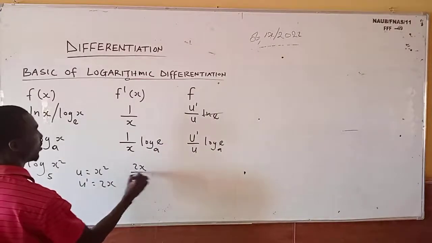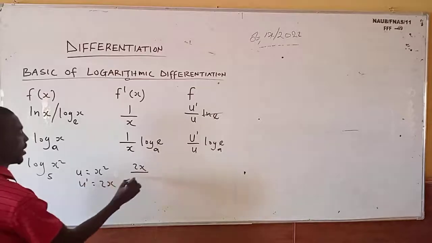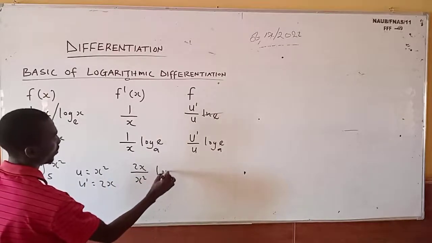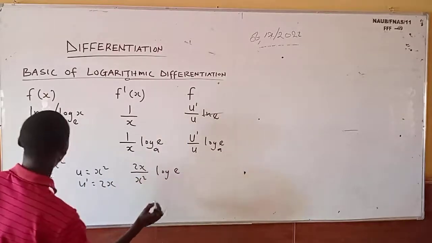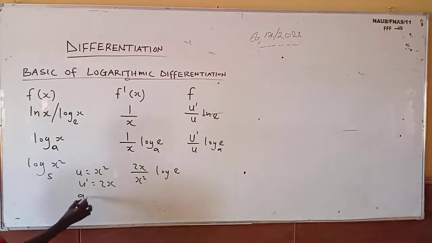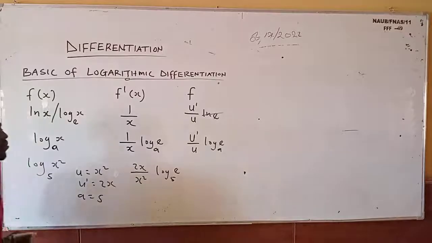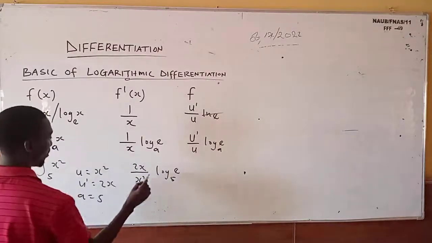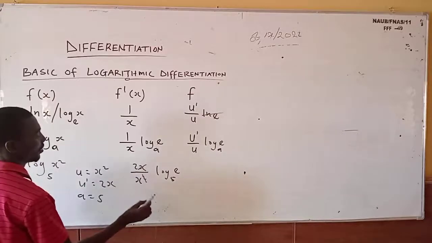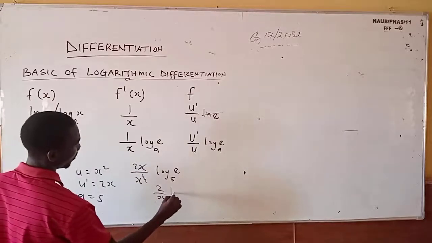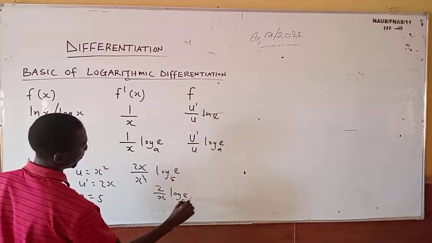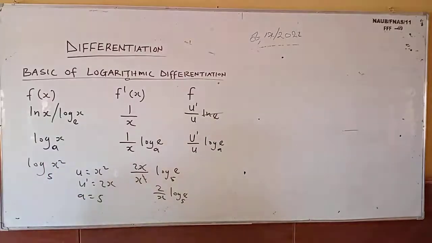That is 2s over u, which is s squared, log e. What will be your a? Our a here is equal to 5. So it's 5. Do you get that? So we cancel out one s here. So our answer will be 2 over s, log e base 5. You get this. It's as easy as you are looking at it.